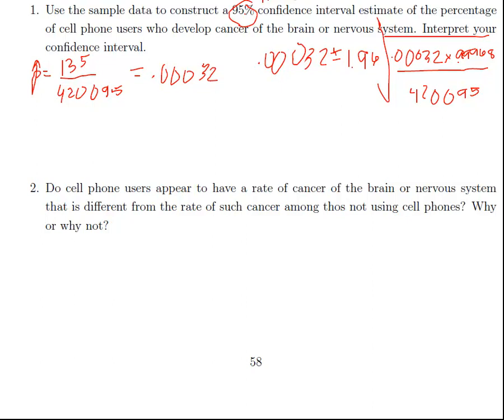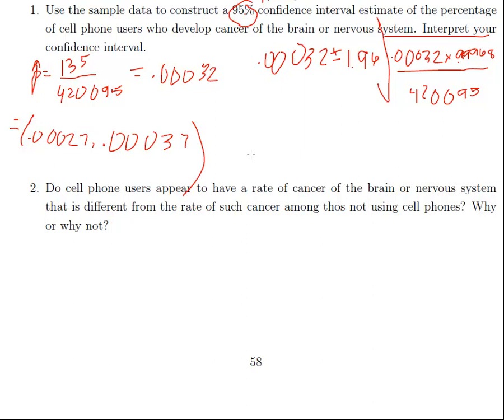All right, so that gives me an interval with a lower bound of 0.00027 and an upper bound of 0.00037 for my confidence interval.